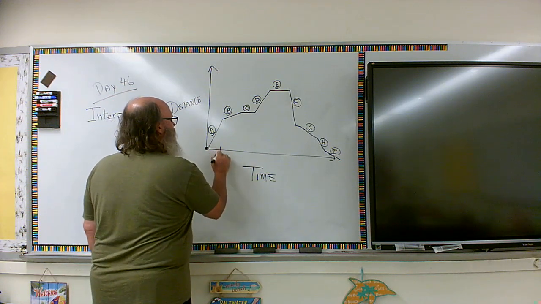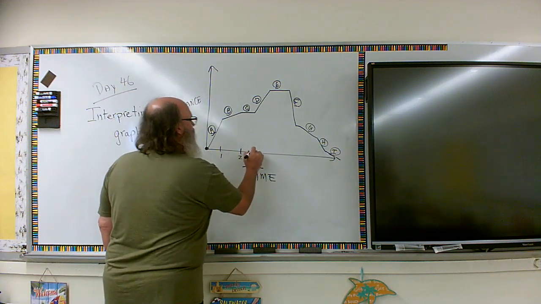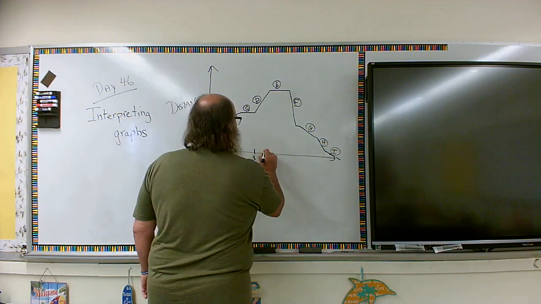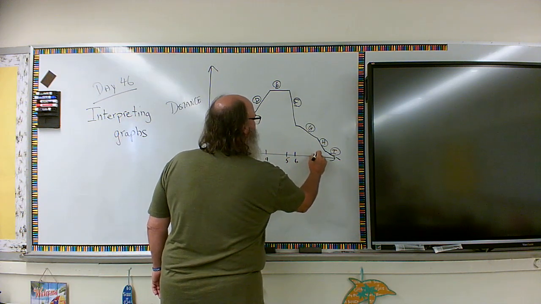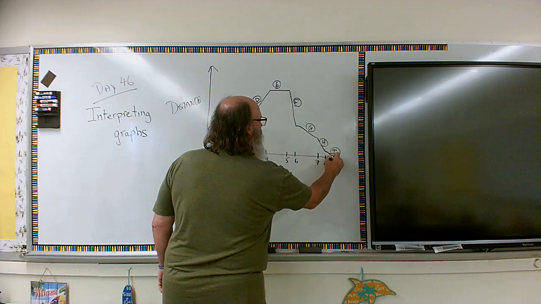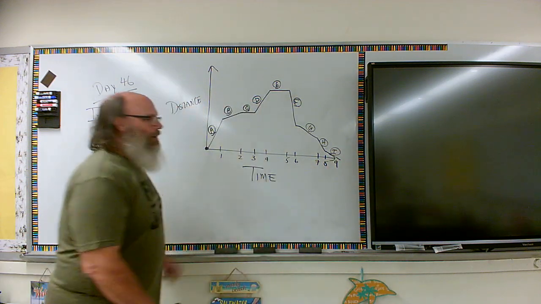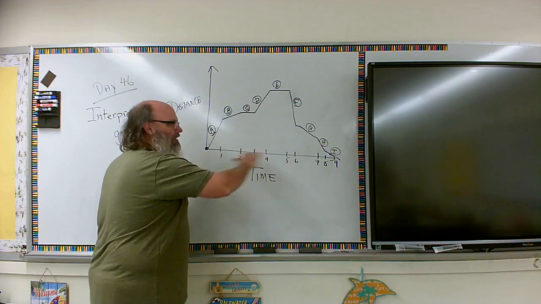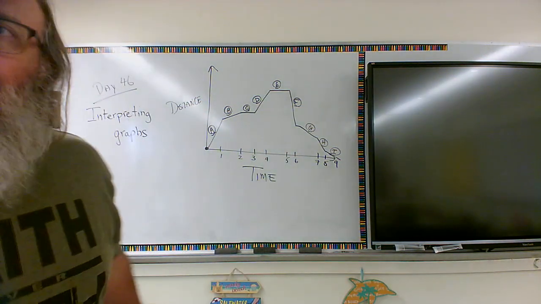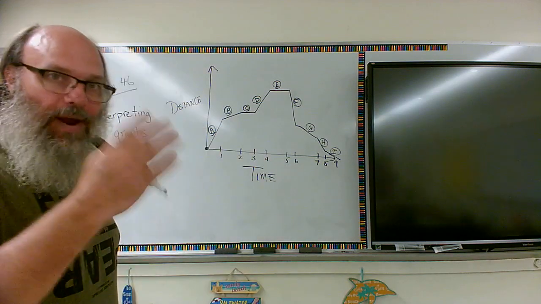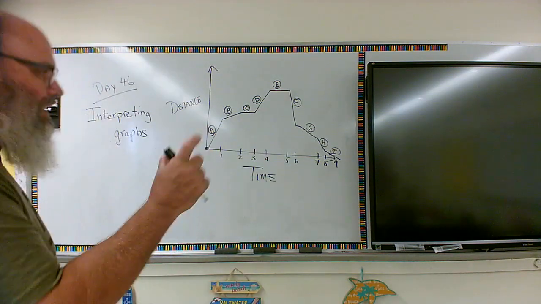So let's say this is 1 hour, 2 hours, 3 hours, 4 hours, 5 hours, 6 hours, 7 hours, 8 hours, 9 hours. Now my graph isn't perfectly spaced because I just freehand drew it. We would assume that these are actually graphed in equal distances, okay?